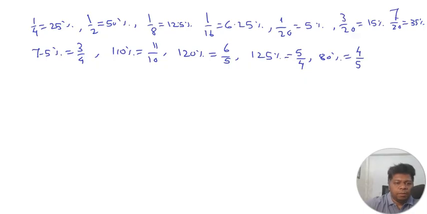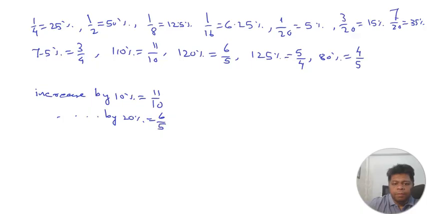Remember these quickies. Also in the problems you will be finding increase by 10%. If it is increased by 10%, it will always be 11 by 10: 1 plus 10 by 100, so this is 11 by 10. Similarly, increase by 20%, it will be 6 by 5.